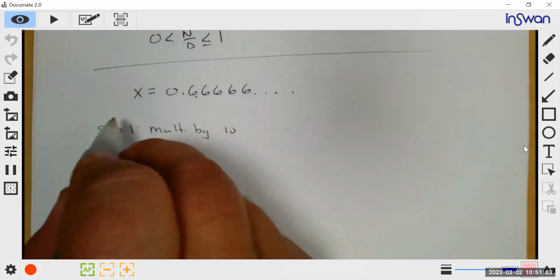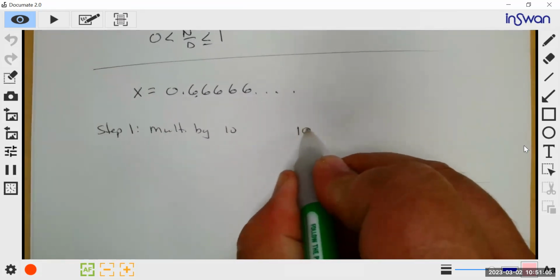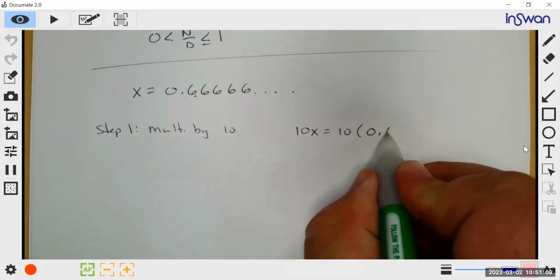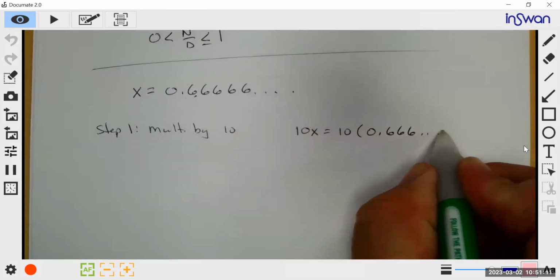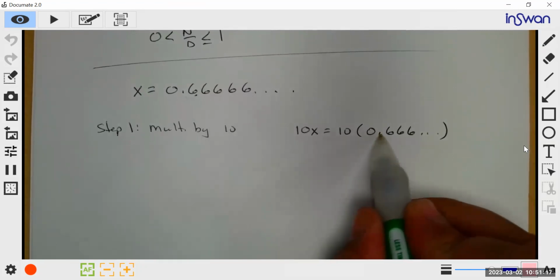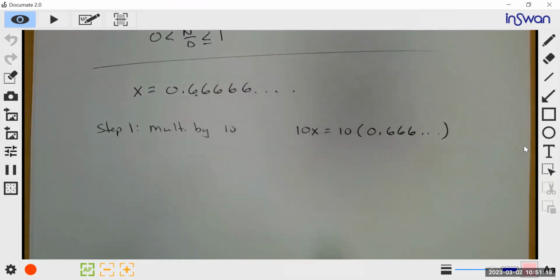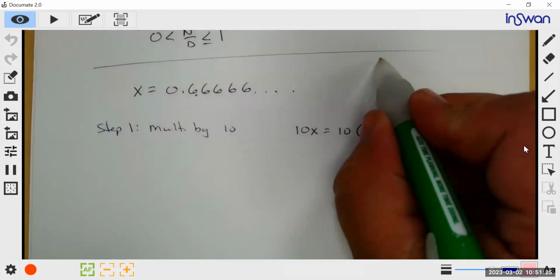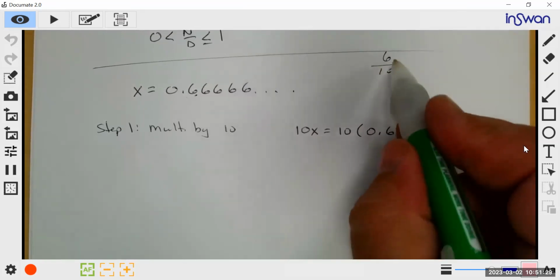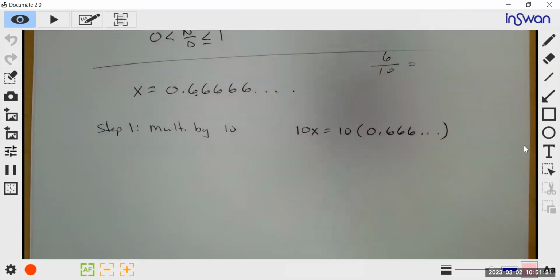If you take this number and multiply it by 10, what do you get? Well, 6 divided by 10 would be what?